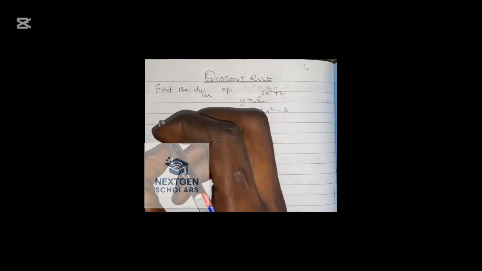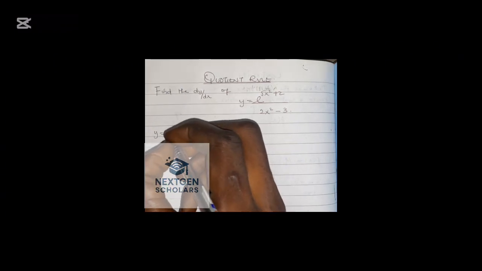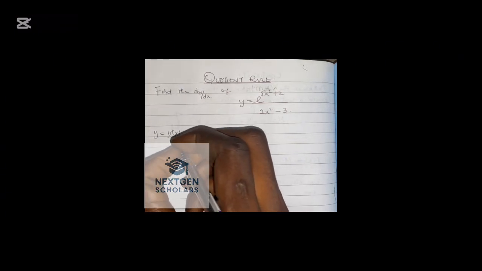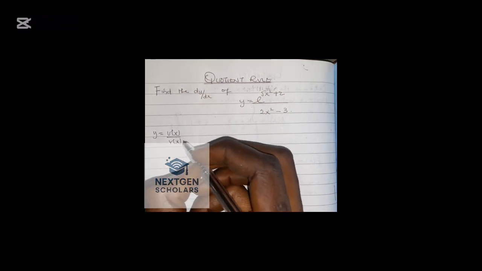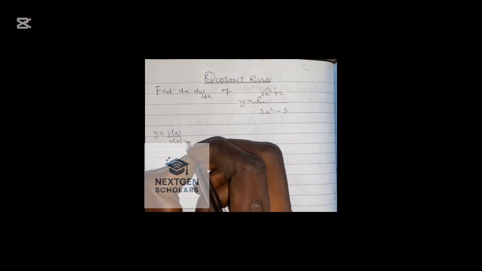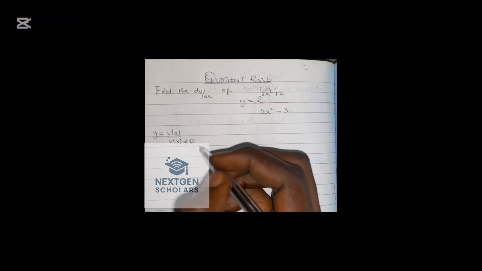So the formula says that if you have a function in the form of u of x all over v of x, we always remember that this v of x must not be equal to 0.